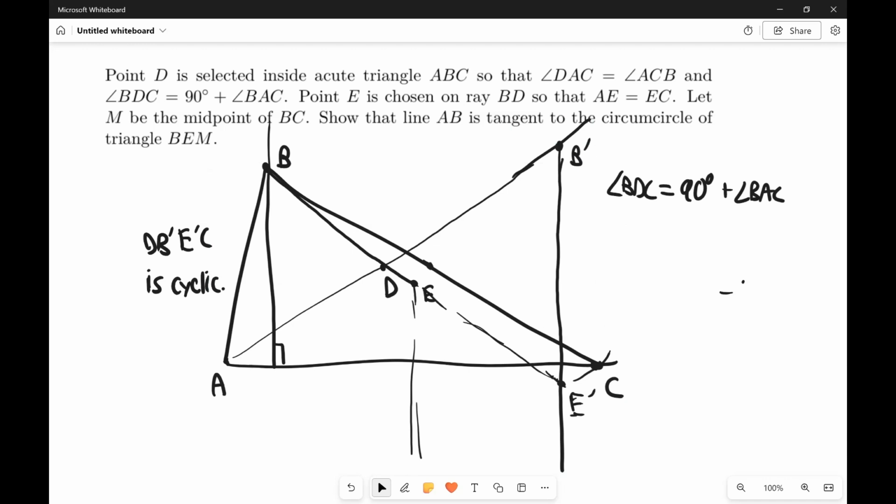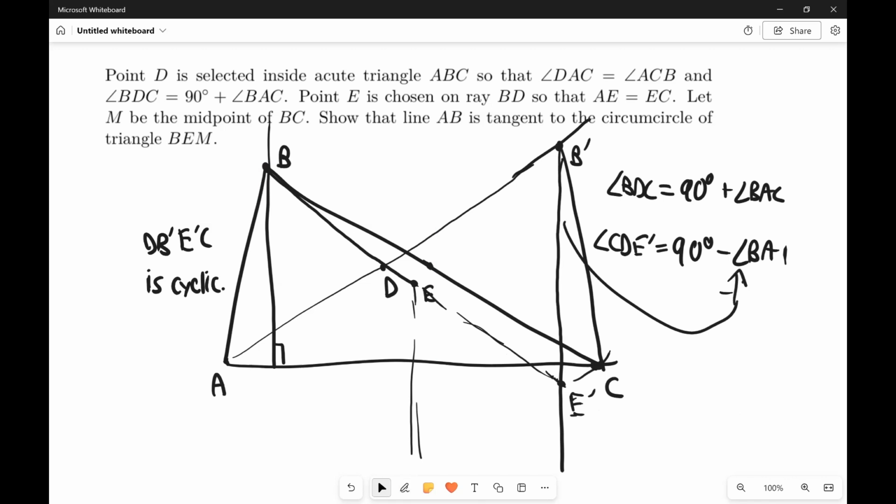So how can we relate it to our cyclic quadrilateral? Well, because B, D, and E prime are collinear, BDC plus CDE prime is 180 degrees in normal angles. So directed angle CDE prime is equal to 90 degrees minus angle BAC. And hence, to prove that the quadrilateral is cyclic, we must show that this angle here is 90 degrees minus angle BAC.